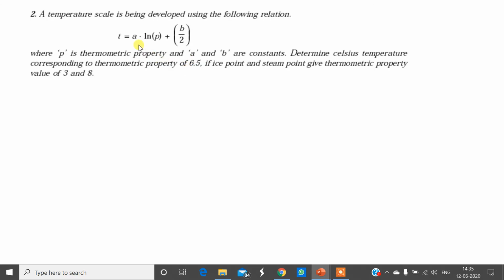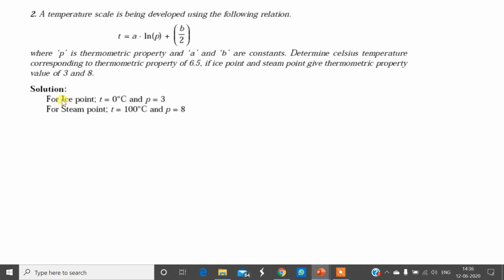Here the constants A and B are not given. To calculate them, we have hints: the value of P is 3 for the ice point and 8 for the steam point.